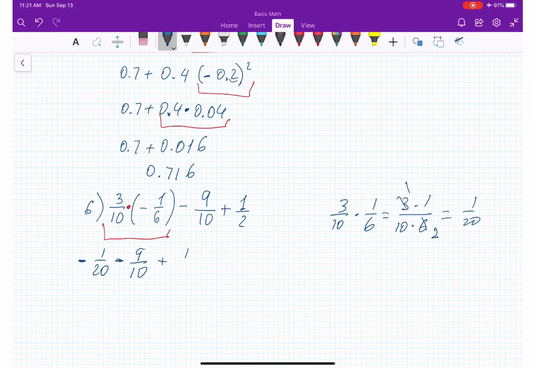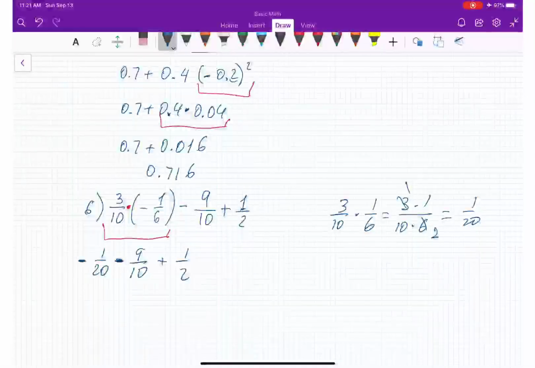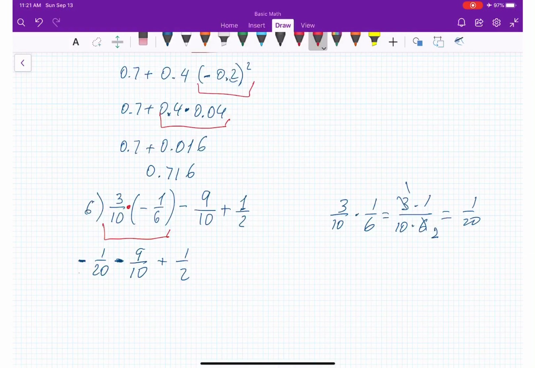plus 1/2. Now, when it comes to fractions, you can go step by step, do this operation, and then add this result to 1/2. But I'm going to show you an easier way.